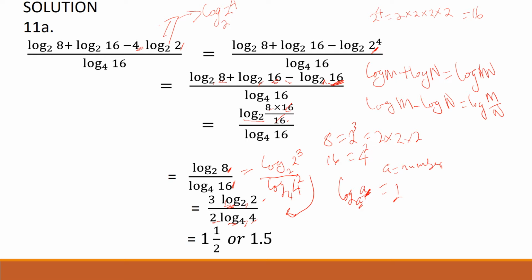So we are left with 3 over 2 here. So 3 over 2 is 1.5, which is what I have here, or 1.5. So that's the final answer. Okay, so try it and drop your comments.